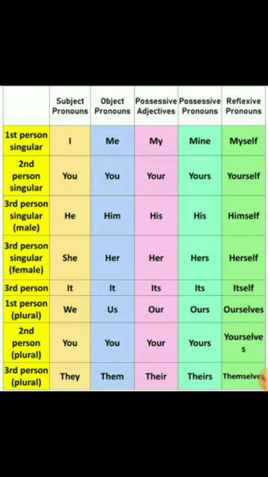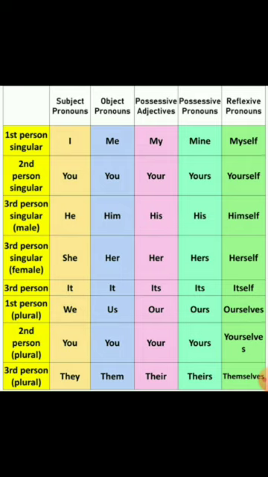These personal pronouns can be used as subjects and objects, and they have subject forms and object forms. For example, I am going for a walk. Here I is a personal pronoun, first person singular, used as a subject, and I is the subject form.